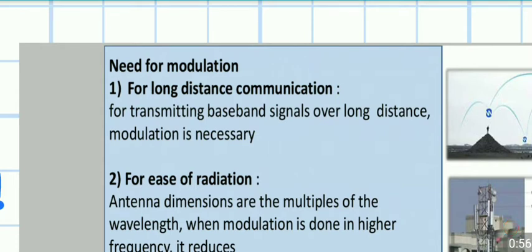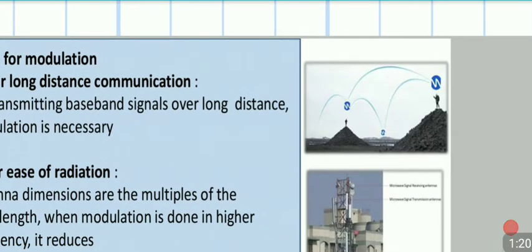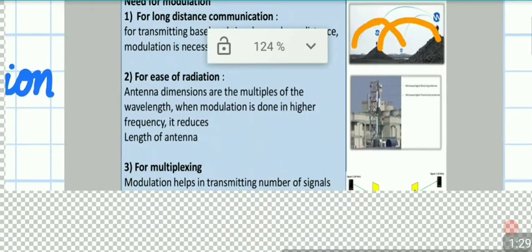When these signals, which have lesser frequency, travel through a longer distance, they are very much affected by interference or noise. So to avoid the effect of noise and interference, we have to modulate the given signals for transmitting them over a longer distance. To transmit the baseband signals over long distance, modulation is to be done.